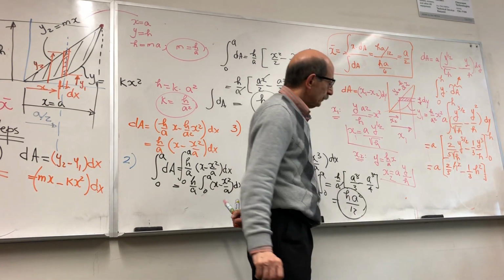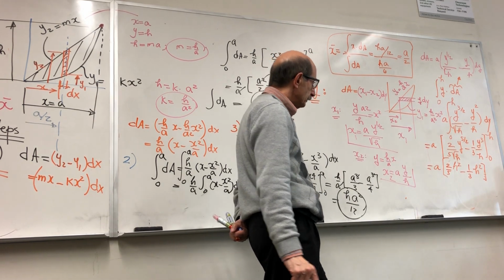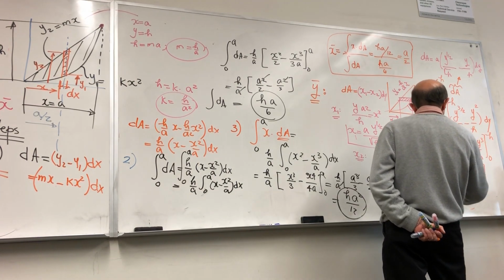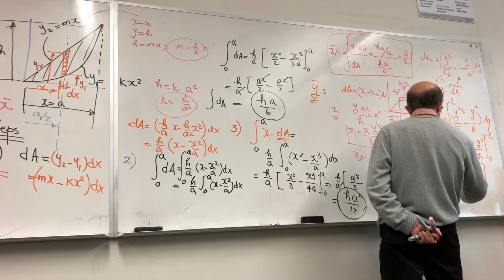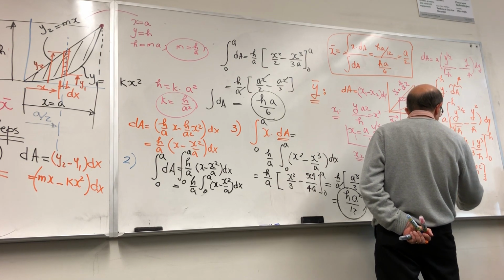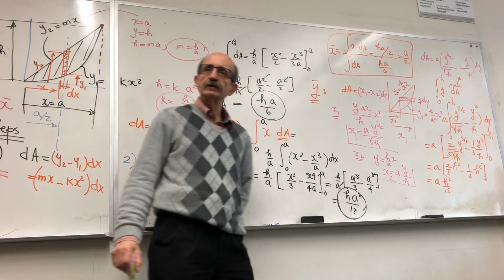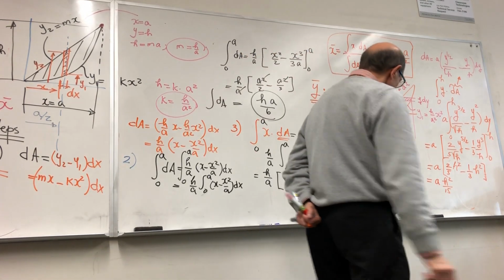So that gives me a h squared over 15. If I didn't make a mistake, that sounds right, doesn't it?